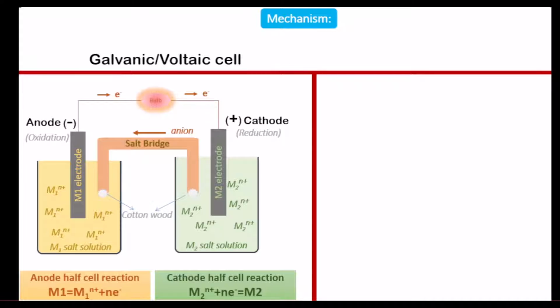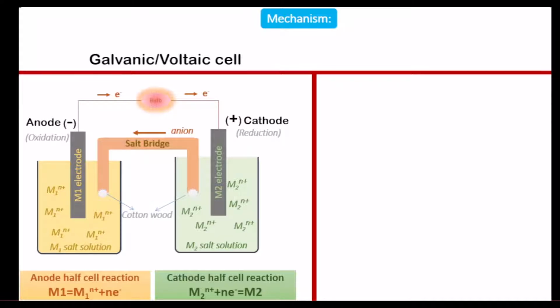On the other hand, because of the reduction reaction in the M2 salt solution, the metal cations are depleted. That's why we need to add some positive cations from the salt bridge to that solution.